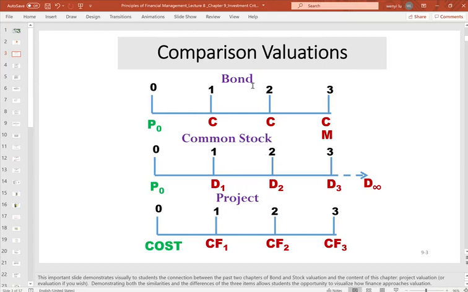What's the difference? You can see it clearly in this visual graph. The bond pays an equal coupon every period, and you also receive the face value at maturity. For common stock, you receive different dividends in different periods, and you do not receive a face value at maturity.